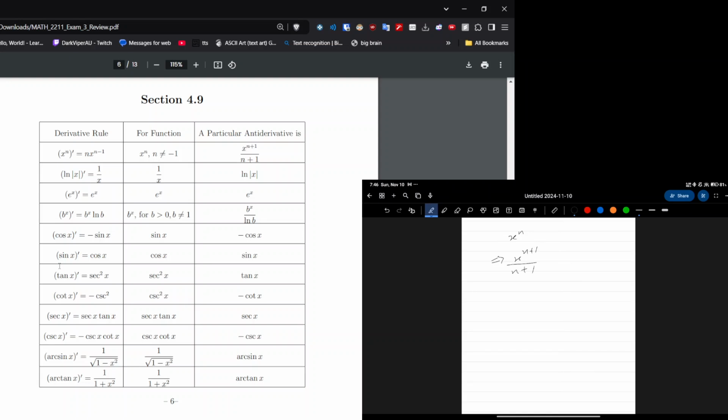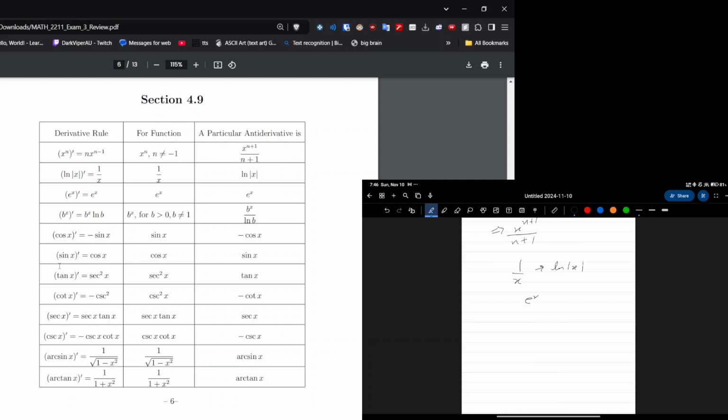Okay, simple enough. For 1 over x, let's say it's like x to the power minus 1, right? If I use that format, it would be x to the power 0 over 0. Doesn't make any sense. So the antiderivative of 1 over x is log of mod x.